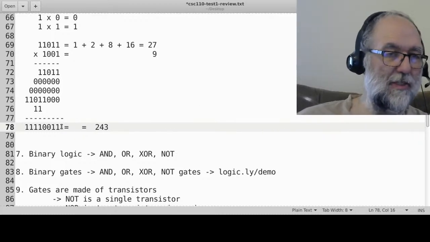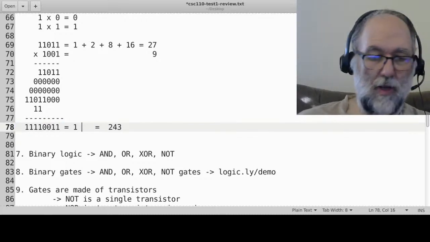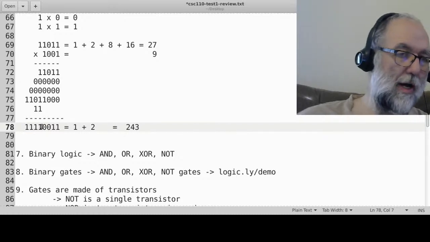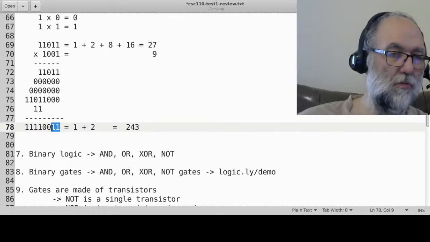Okay. So let's see if that's actually equal to 243. So that's 1 plus 2, from those two. Okay. No 4s, no 8s. And then 16, 32, 64, and 128. Okay. So let's see here. I lost track. So 1, 2, 4, 8.